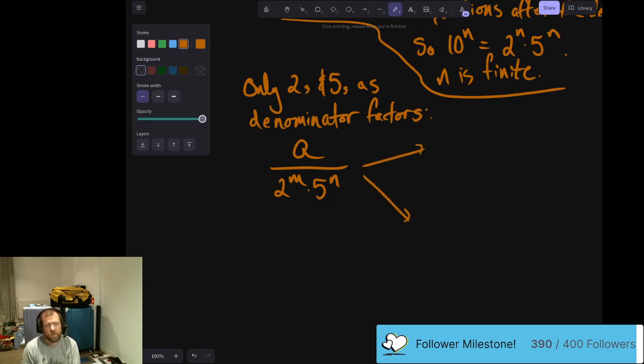And ridiculously, let's assume that m is greater than n, or m is less than n. I guess we need m's equal to n as well.